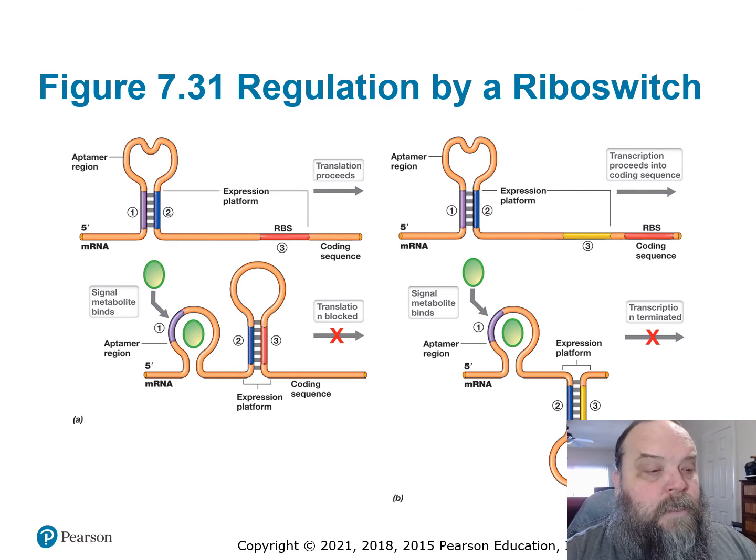You look here. Here are examples A and B. Look just here at A. There are three regions, 1, 2, 3. Region 3 is the RBS, the ribosomal binding sequence. This is where the small subunit of the ribosome is going to come and then translocate to the first codon where the initiation tRNA is.